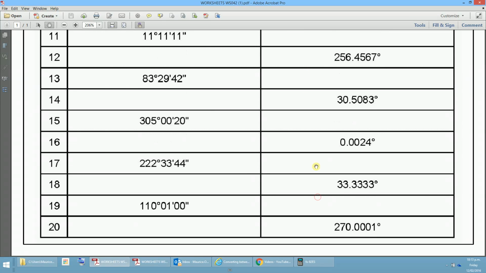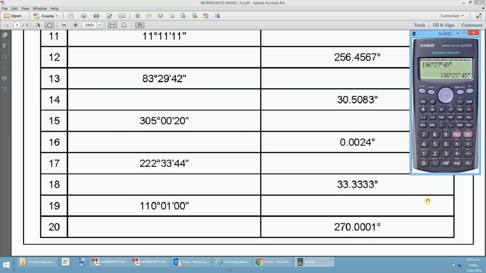You can get some issues around rounding. So for instance here, if you were to put in 270.0001, equals, and then you were to go to degrees, minutes and seconds, you can see that that'll be 270 degrees, 0 minutes and 0.36 seconds.